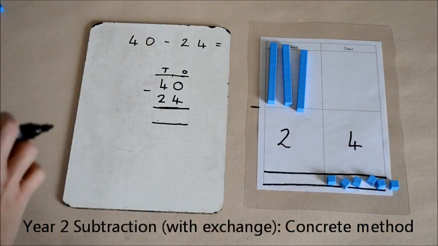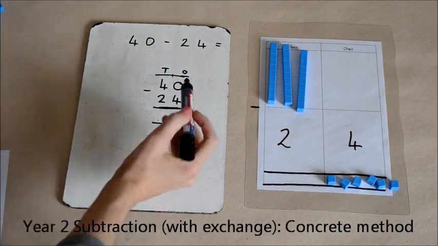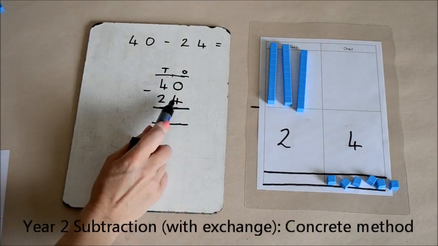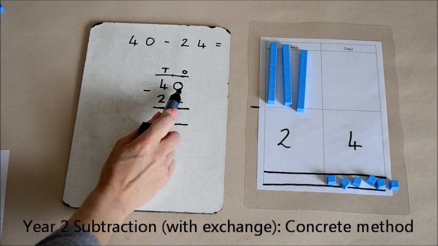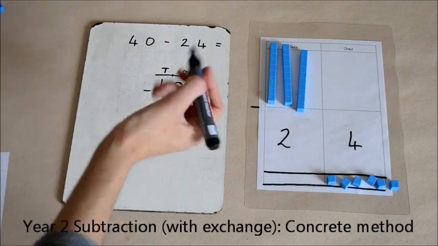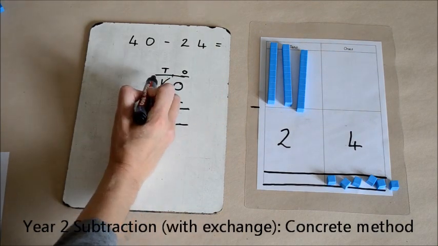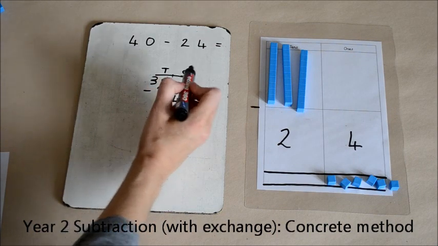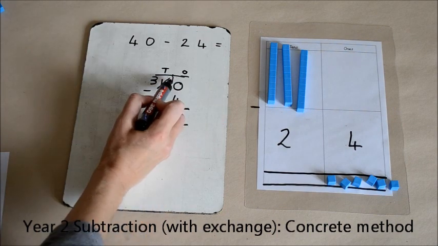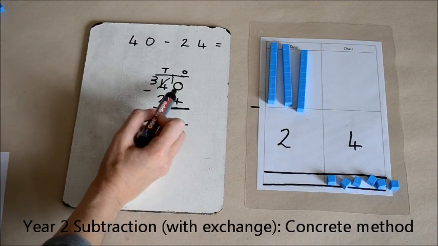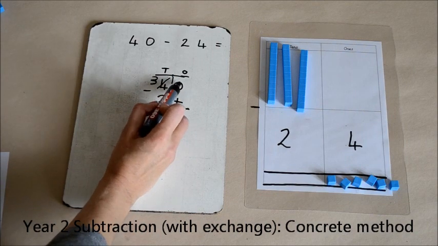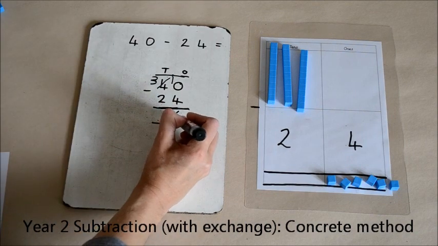I'm going to show you this on the abstract side. 4 away from 0 ones we can't do. So I need to exchange a 10, write 3 tens here for 10 ones. 4 subtracted from 10 is 6.